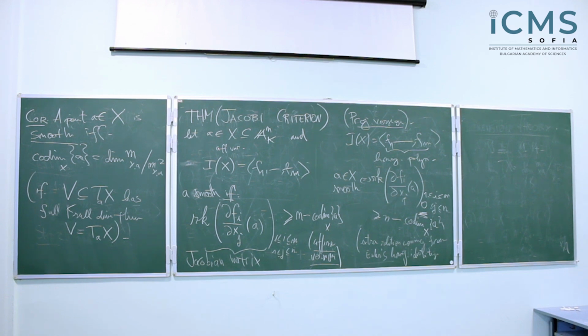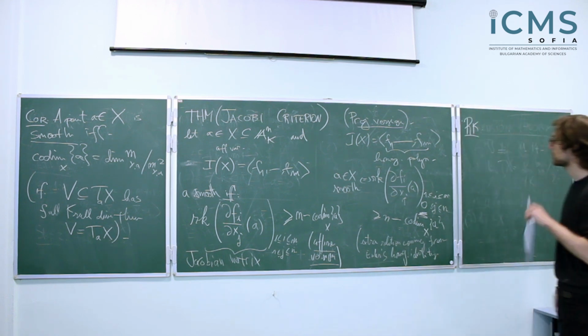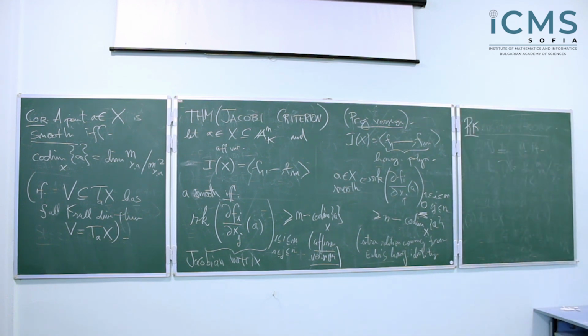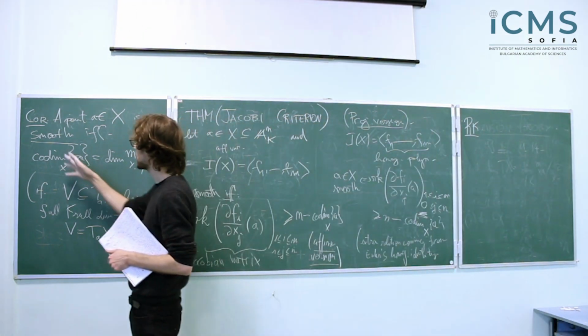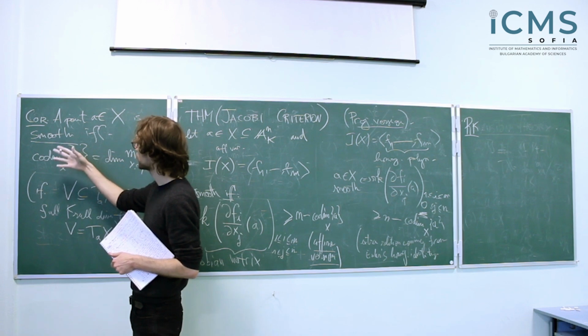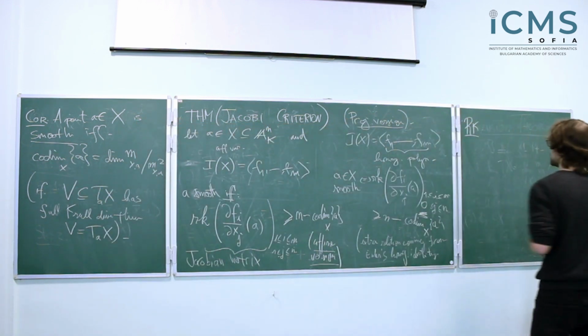So, what else do I want to do? Okay. So maybe one of the things I wanted to point out before I go a little bit further is, why did I also use the word regular? I wanted to justify why I used the word regular until now.